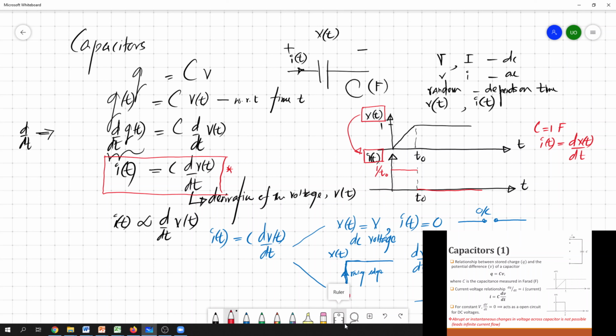So during this rising edge at t equals t naught, there's infinite current drawn from the circuit. So we can modify this. Here we have a spike, a jump up to I max at t naught. So simply draw it like this.